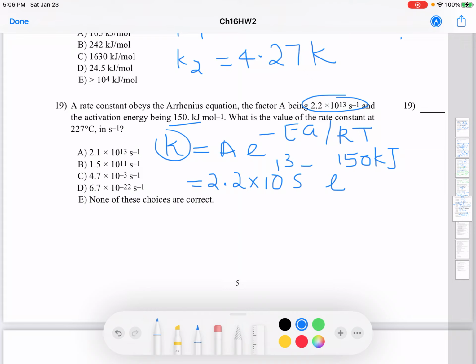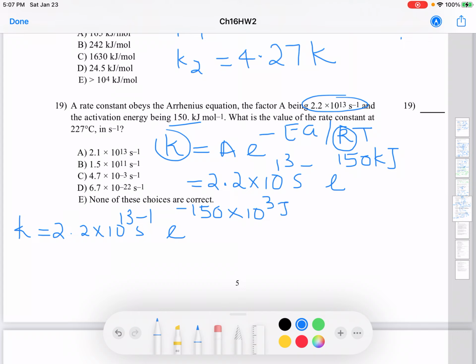I'm going to write it down here, I need space. 2.2 times 10 to the power 13 per second, and E is 150. Now this is in kilojoules, but the R value is going to be in joules. So because of that, I need to convert this 150 kilojoules to joules by multiplying by 10 to the power 3 joules.